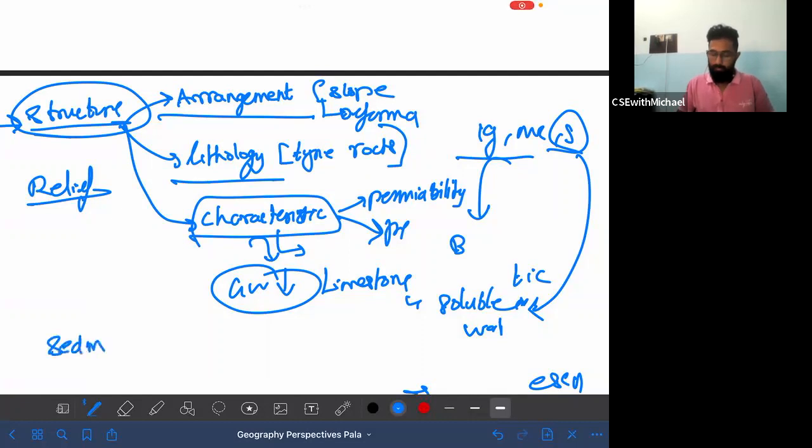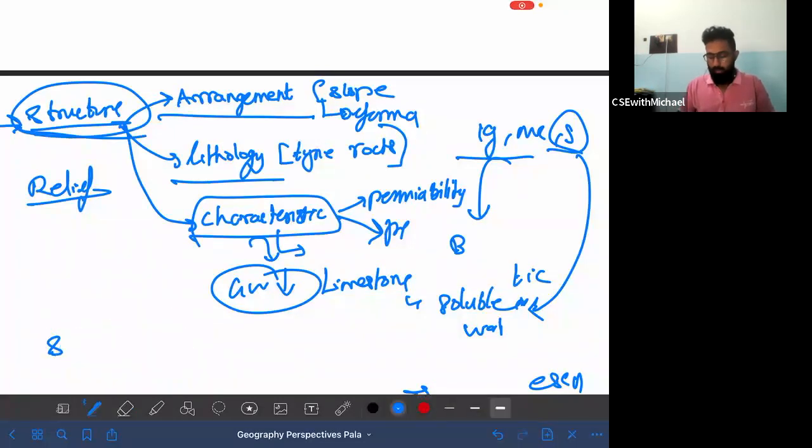Sedimentary basins were formed as a result of erosion of the mobile belts, the mountain belts. So in sedimentary basins you will get more groundwater. The groundwater table would be higher because the percolation of water would be on the higher side. So this is basically the structure.